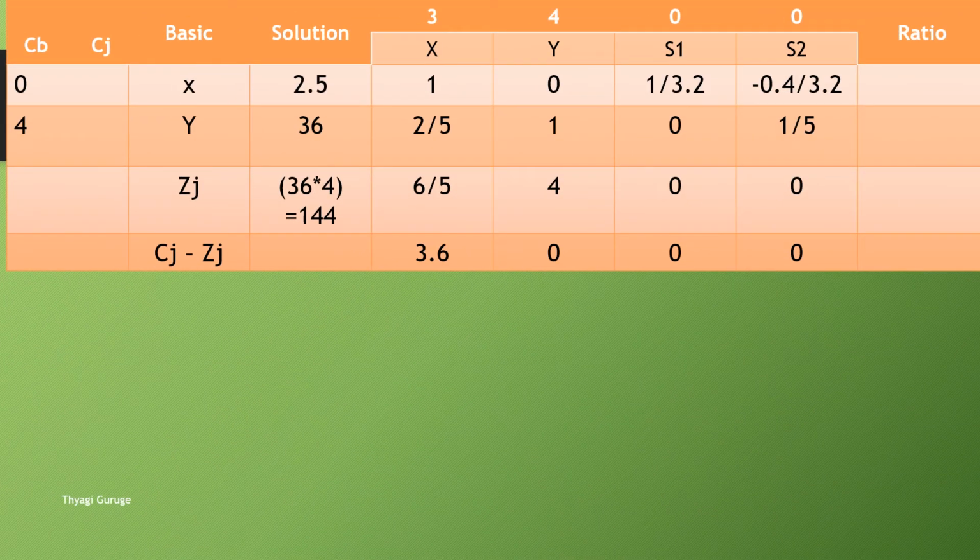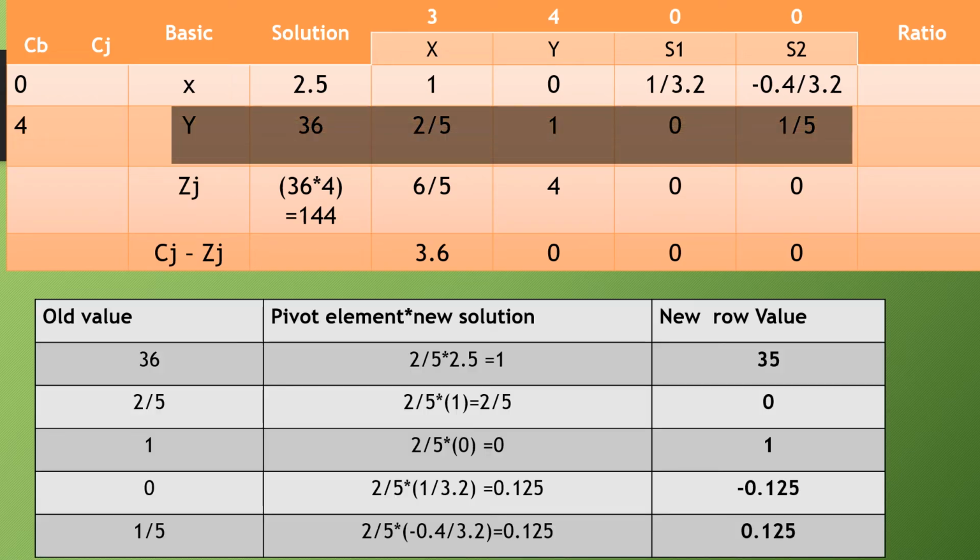Now we are going to find the new row values. To find them, we are going to replace the y row, our second row. In the second row, you can see I have colored it gray so you can easily identify the row.